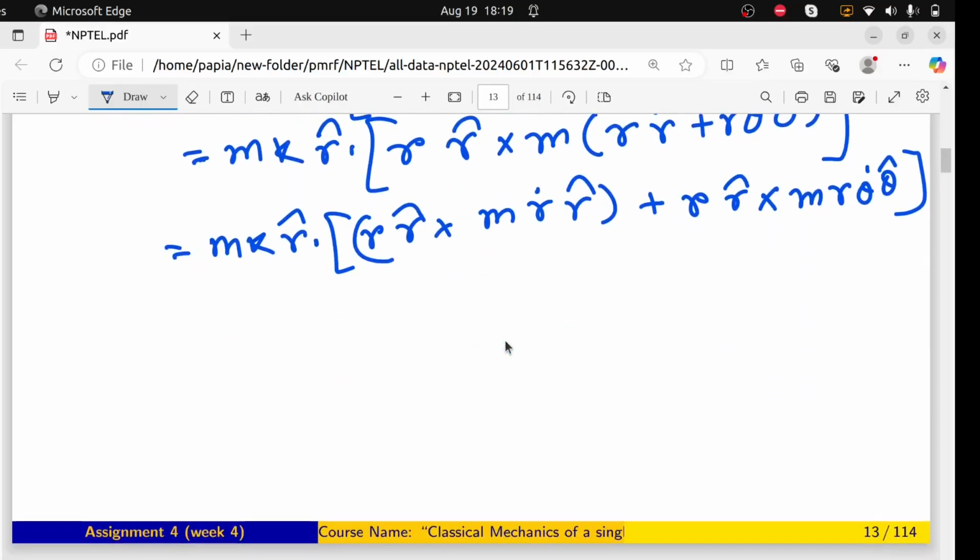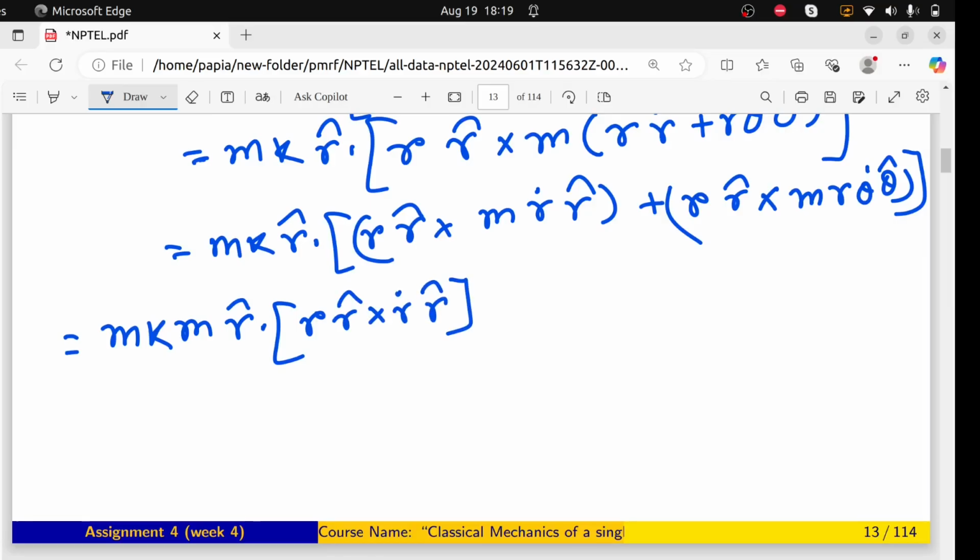Okay, and I can write it as a bracket. So I can write again mk, and m I can just take outside, then r cap dot r cap cross r dot r cap plus mk r dot r cap cross, and that will be m square r theta dot theta cap.